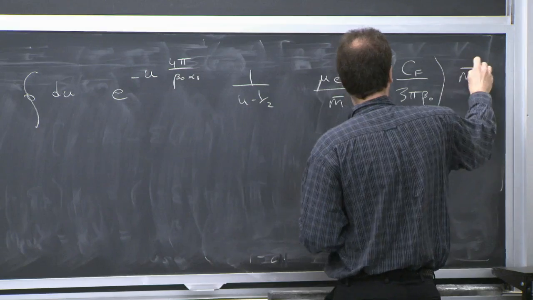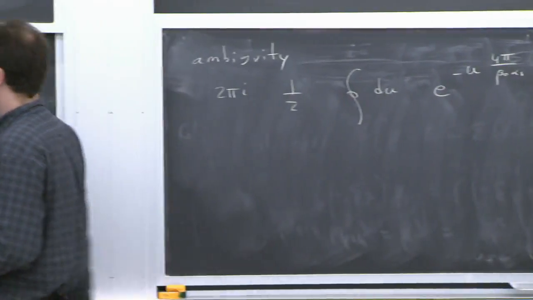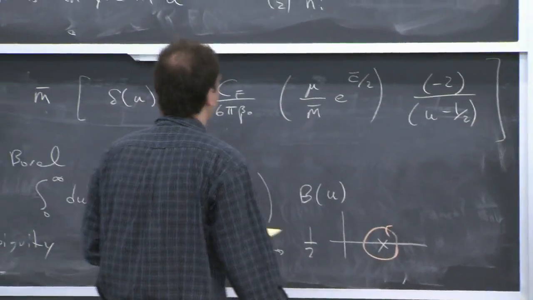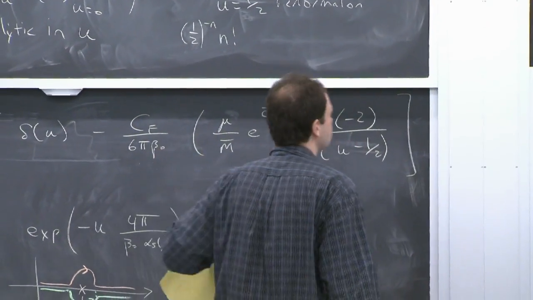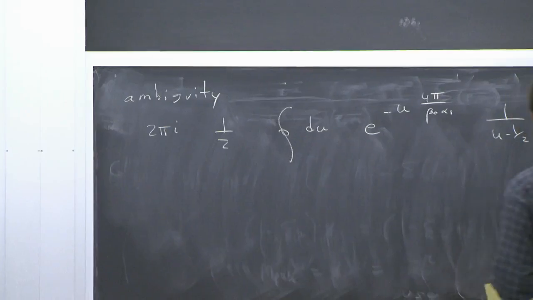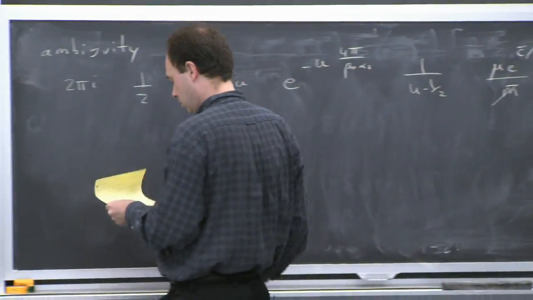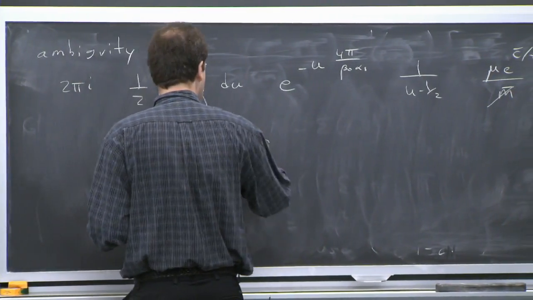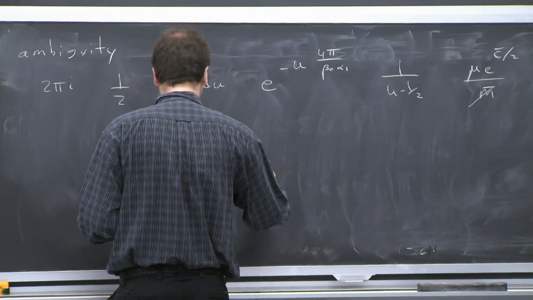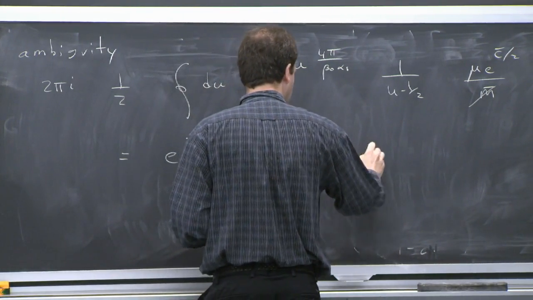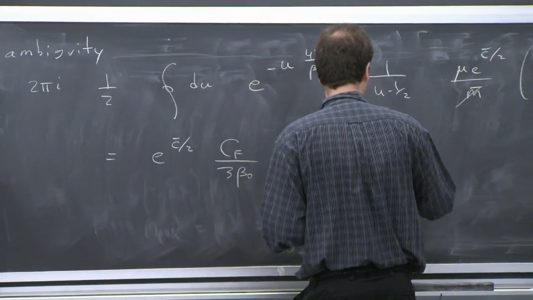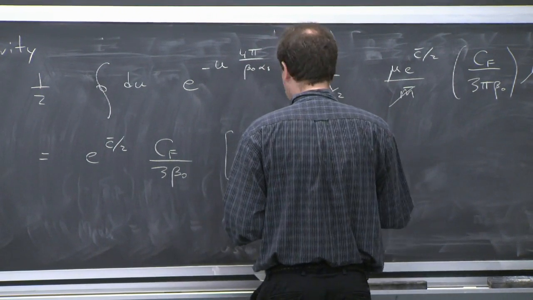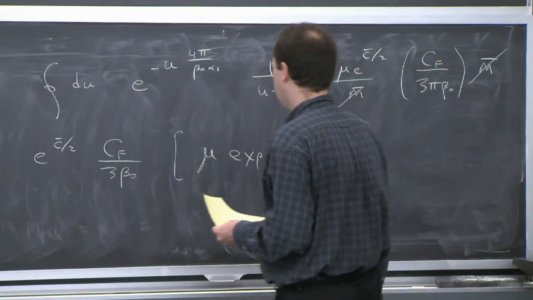And there's also another m bar, which is this m bar that's out front. I combine the minus 2 with the 6 to get a 3. So the m bars are actually canceling. Close on the pole, stick that value in everywhere else. We get that.